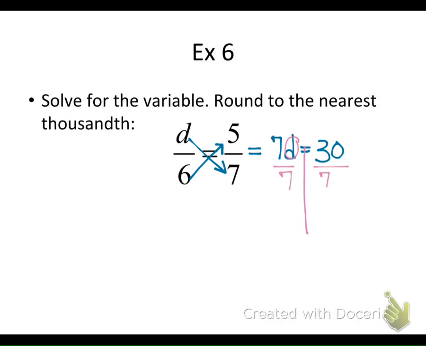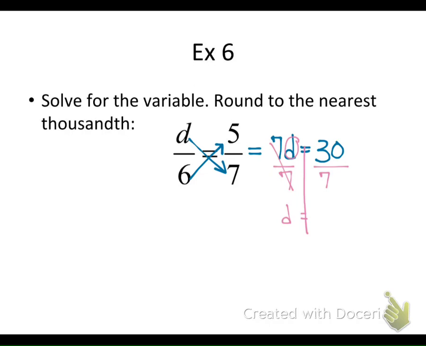Now, in Khan Academy and our past assignments, when we had a fraction or a number like this and it wouldn't divide out evenly, I just had you guys keep it as a fraction in simplest form. But because my directions say to round to the nearest thousandth, I know I'm not going to do that. I'm going to go ahead and divide it out.